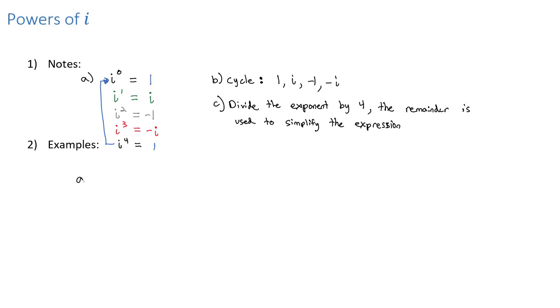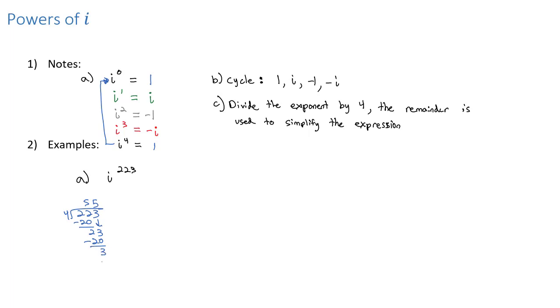Let's take a look at some examples of that. If I've got i to the 223rd power, that's a huge power, but we know it's going to cycle through every 4. So we'll take 223 and divide by 4. 4 goes into 22 5 times. That's 20. Subtract to get 2. Bring down the 3. 4 goes into 23 5 times. That's 20. Subtract to get 3.